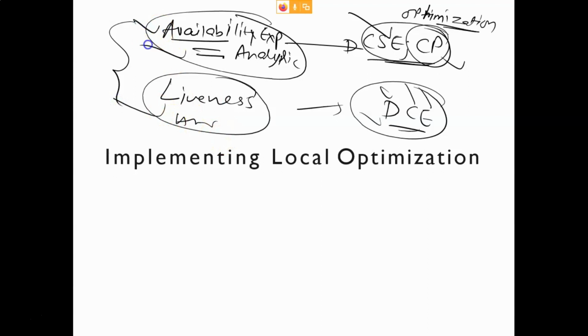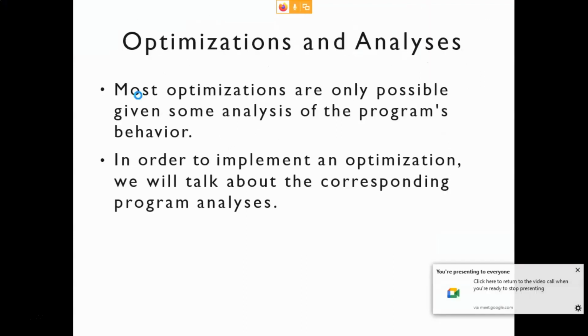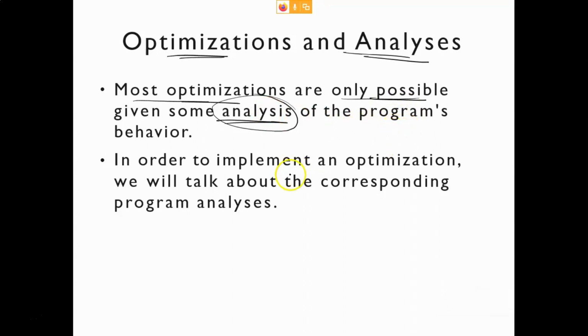So for that we need to study something called availability expression analysis, and something called liveness analysis. As I told you, most of the optimizations are only possible given some analysis. You can't just do it manually; your algorithm will do it by analyzing the program. So in order to implement an optimization, first we will talk about analysis.